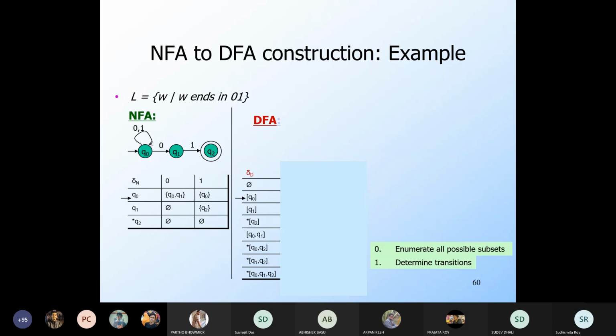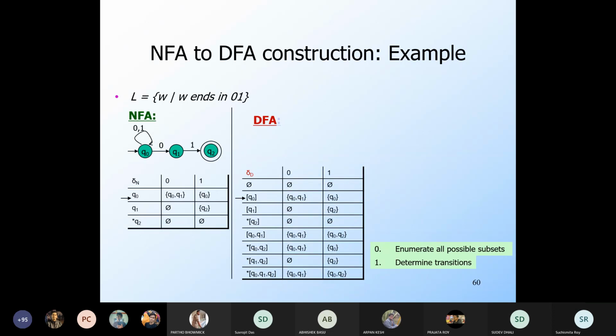Now let's determine the transitions. So how do we find the transitions? Transitions we find for every component of a subset. We have to find all those states in the NFA to which there will be a transition on a particular input character. So let's take input character 0, and let's take this subset Q0, Q1.